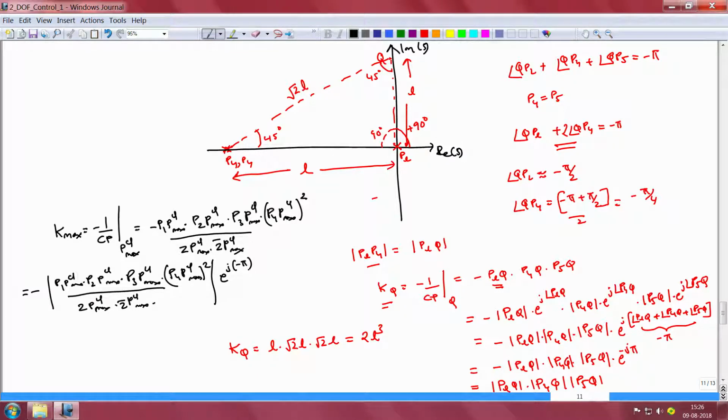So exactly as in the previous derivation that we undertook a few minutes back, e to the power minus j pi is minus 1, and that minus 1 multiplies with the term minus 1 at the start of this expression and the two multiply to give us plus 1.